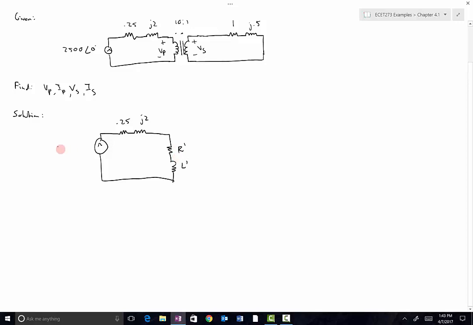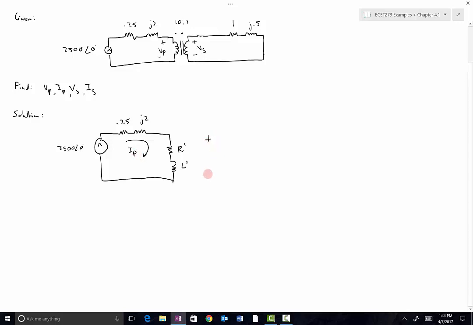So this is still 2500 though. Everything gets referred through the transformer. So this is IP here, the primary side current.